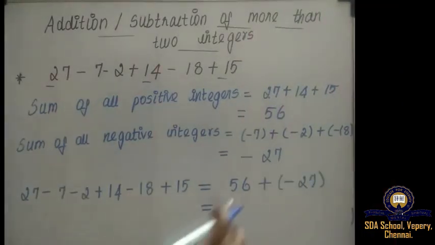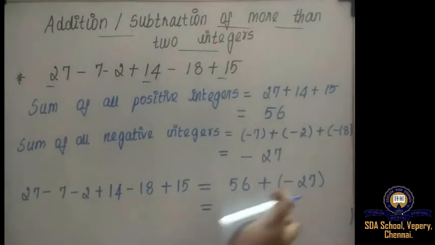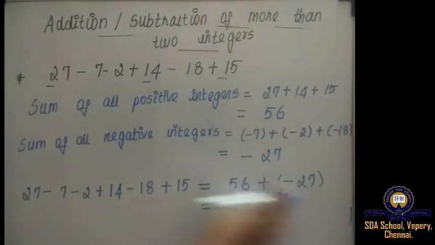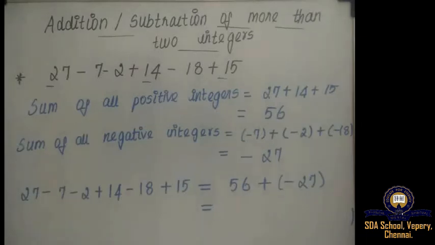So you have plus 56 plus of minus 27. Both the integers have different sign. So you have to find the absolute value and you have to subtract the integer which has smaller absolute value from the number which has greater absolute value.